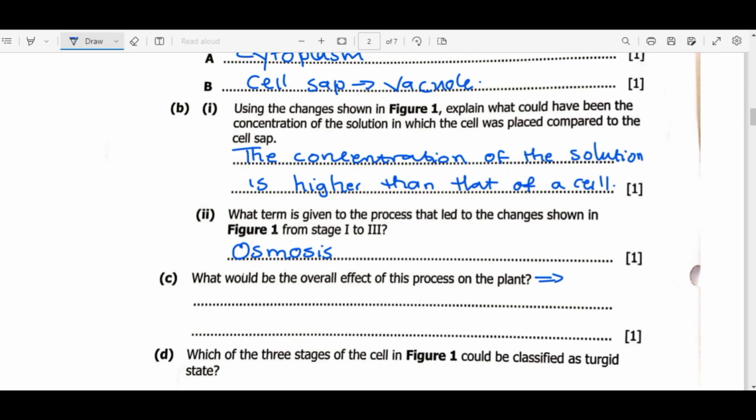We are dealing with plasmolysis, the loss of water from the cells. So this causes the plant to wilt.